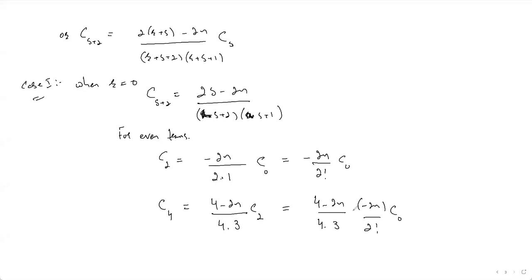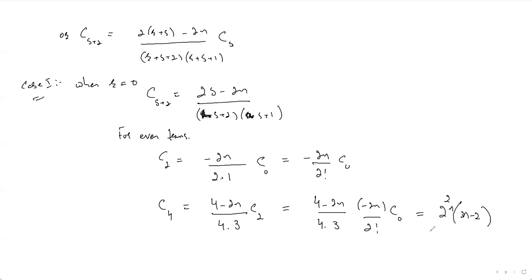Now you can take 2 common throughout. I will write this as 2 raised to the power 2. I take one 2 out from here and one 2 from here, and 2 twos are 4. Then it will be n into n minus 2.